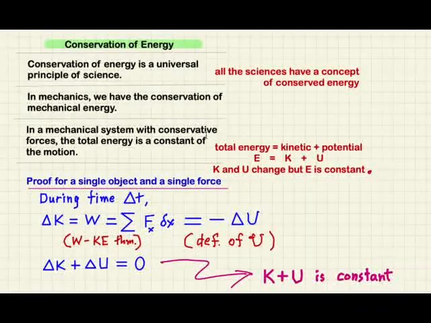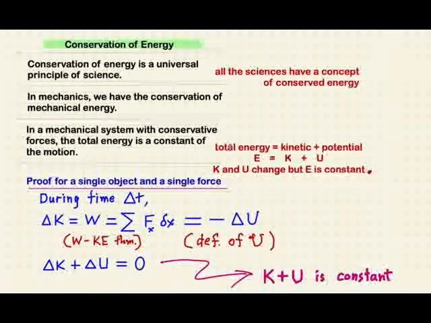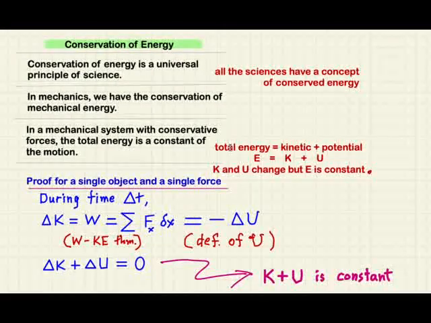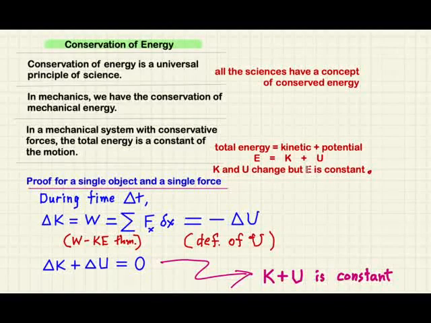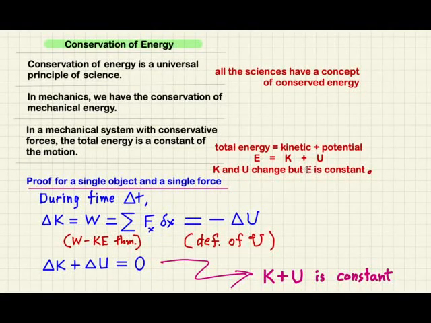Now, this isn't something that goes beyond Newtonian physics. This is just a property of Newtonian physics. In fact, we can prove it. We can prove that E is conserved. It's not just an empirical fact or an experimental fact.